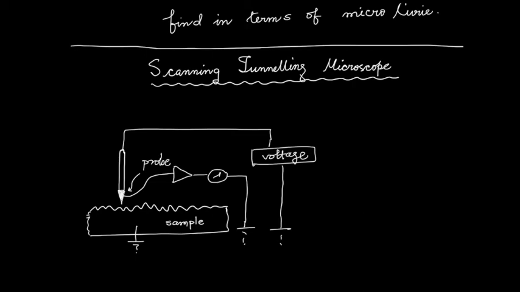Well, there comes the tunneling thing. You imagine that the sample has a lot of electrons, and your tip also has a lot of electrons. And because you have given it a voltage, those electrons are also agitated, so they have certain energy. So imagine that this axis is x.